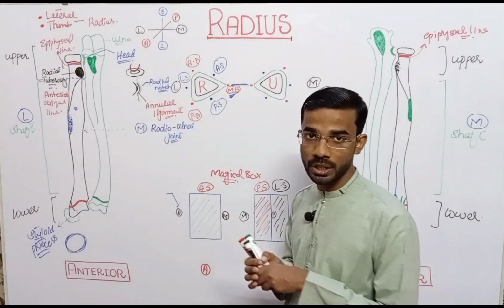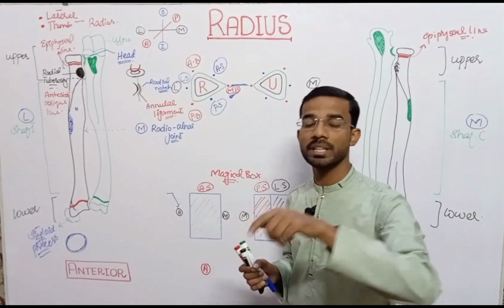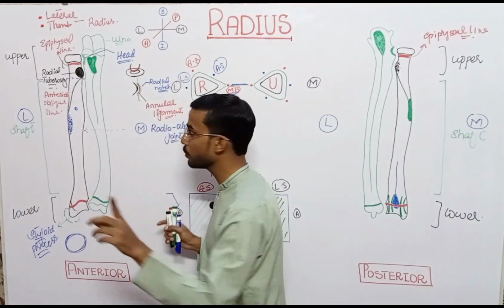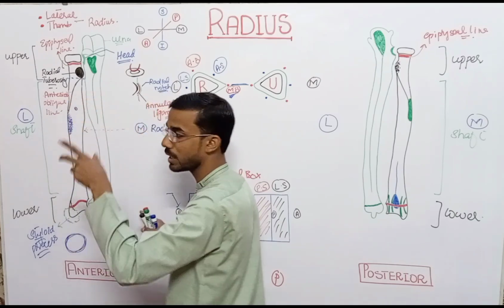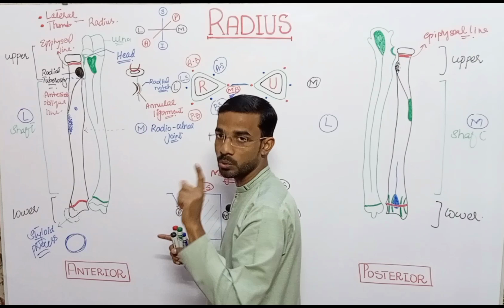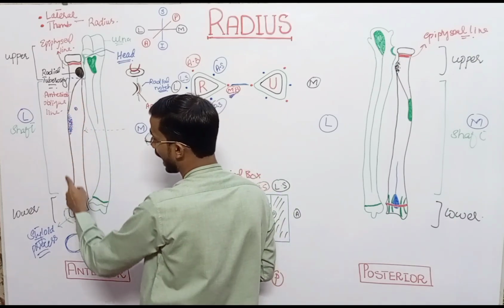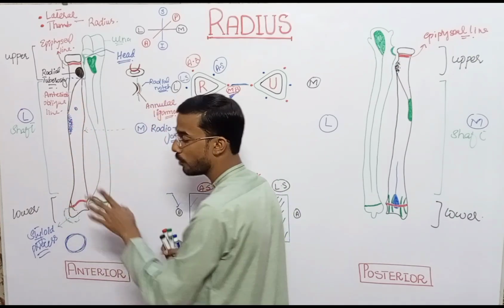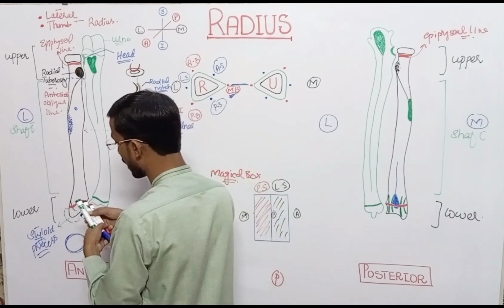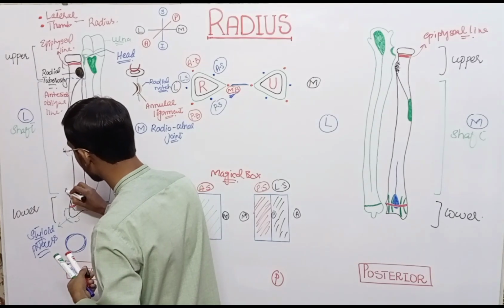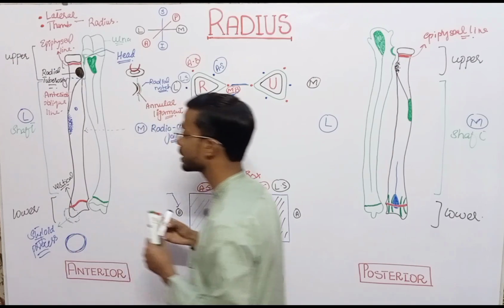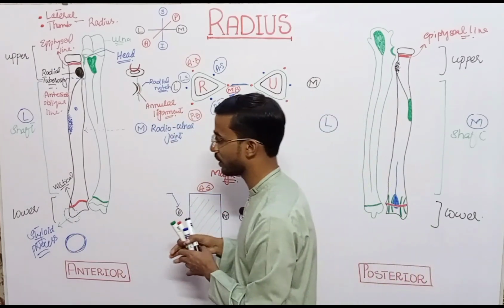In the upper portion, the anterior border is a curved line, and anterior oblique means curved line. As it moves downward, this is the 2D view, and in 3D you will see the line end near the lower portion. In the lower shaft region, this line becomes vertical.